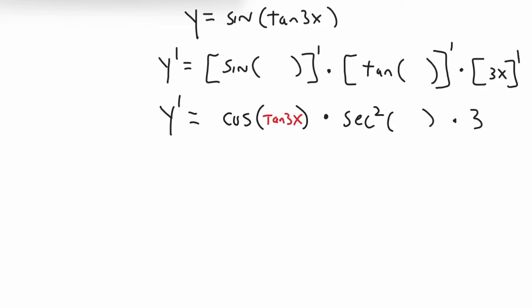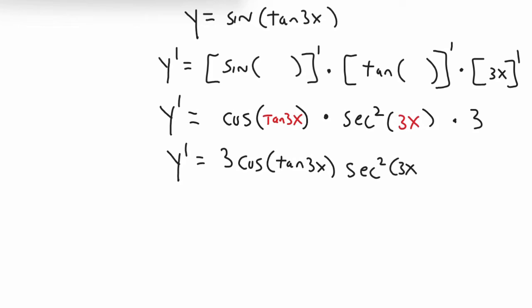And then for the secant squared, we just simplify this. Cosine tangent 3x secant squared 3x.